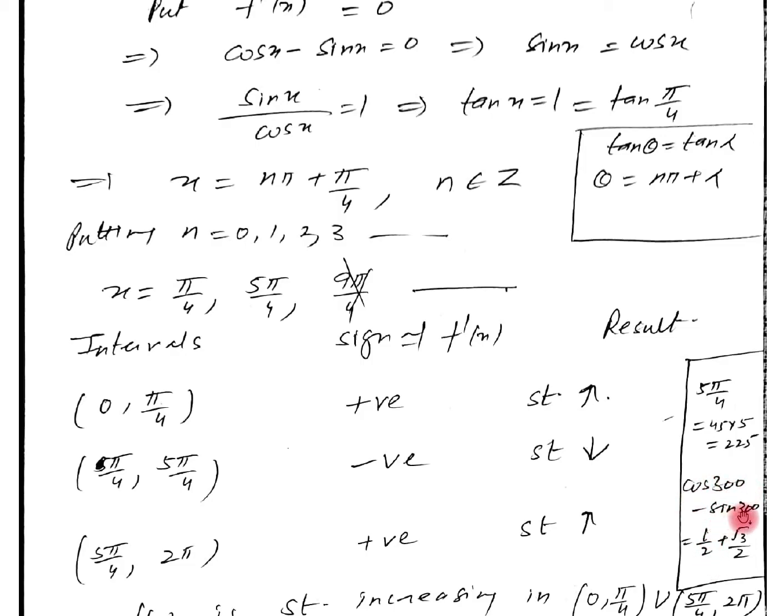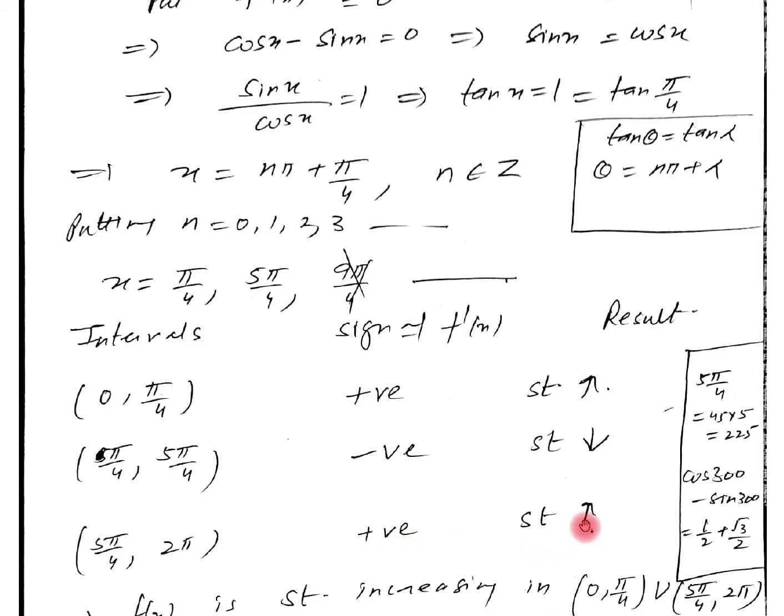Then minus sin 300. In the fourth quadrant sin is negative, negative, negative, so positive. Sin 300 can be written as sin of 360 minus 60, and sin 60 is root 3 by 2. We are not concerned about the values; we only have to check whether it is positive or negative. It is positive. Again the function is strictly increasing.